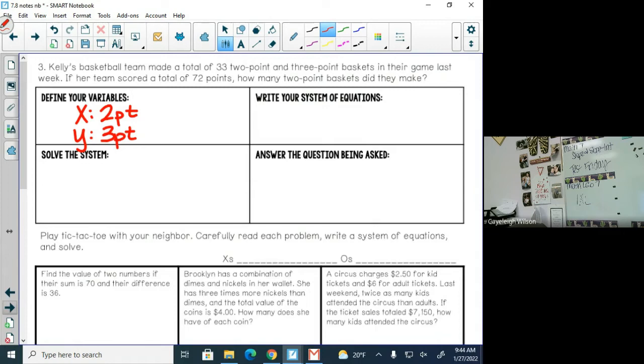What's another word for addition that we didn't say? Not plus. Total. Total is another addition word. Okay. So, Kelly's basketball team made a total of 33 2-pointers and 3-pointers.